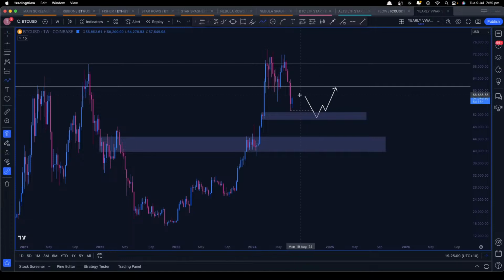The other one is if it reclaims this area, starts pushing up through here, you can imagine what's going to happen. If this week closes down here somewhere, then this will be a swing high. So at that point, if we do get a V bottom, it can happen. I don't think it's going to happen, but again, I don't have a crystal ball, so anything can happen.